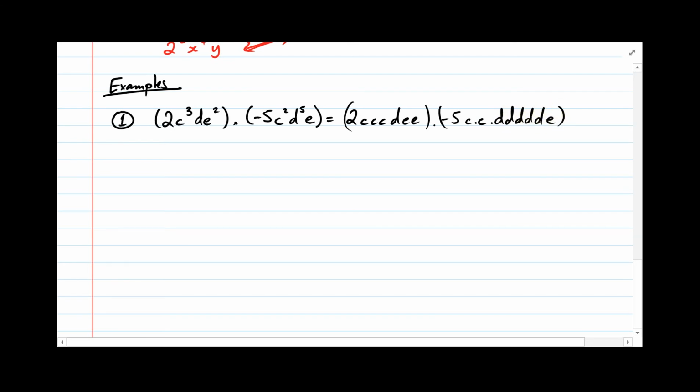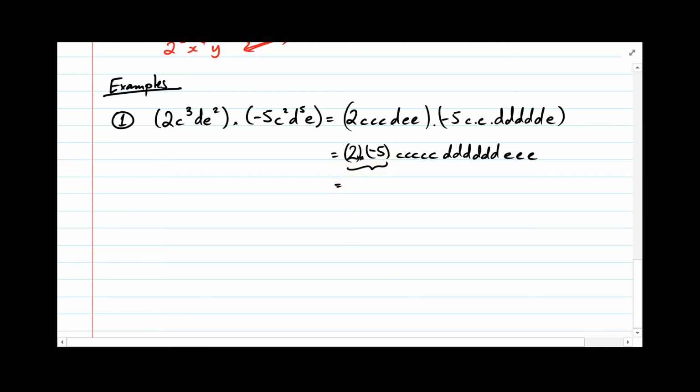2, 3, 4, 5, right? So this got a bit annoying back in the day when you used to do this. But the idea is having all of these products, what you were doing is regrouping. You were using the commutative property, which allowed you to group or regroup all the numbers to the front, all the C's or one variable together, all the D's together, 3, 4, 5, and all the E's together.